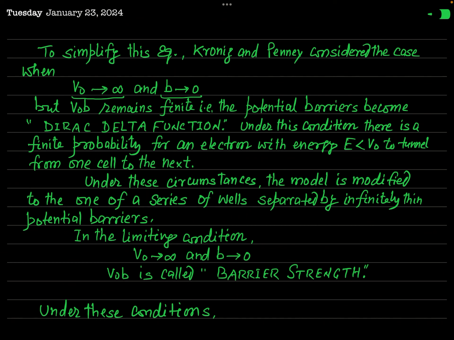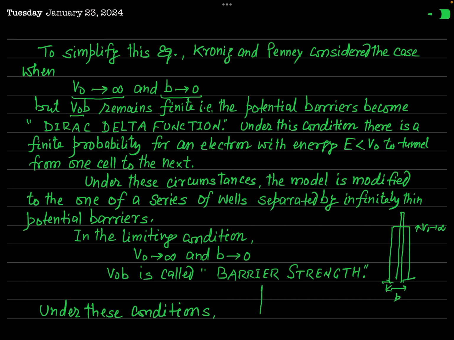When you say V naught tends to infinity, you are talking about a potential barrier whose height is very large, but its width is very small, in such a manner that V naught b, which represents the area under this curve, remains finite.